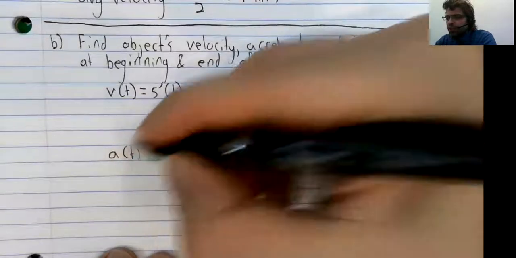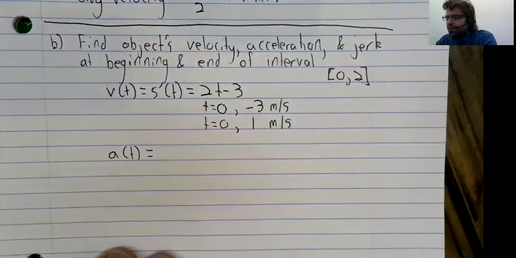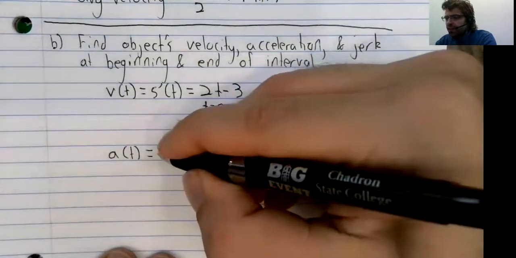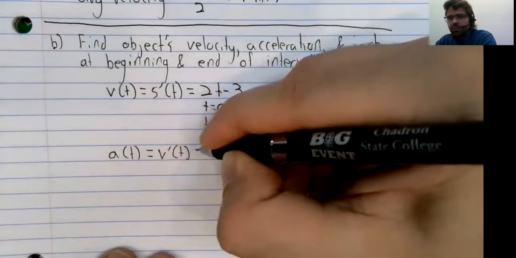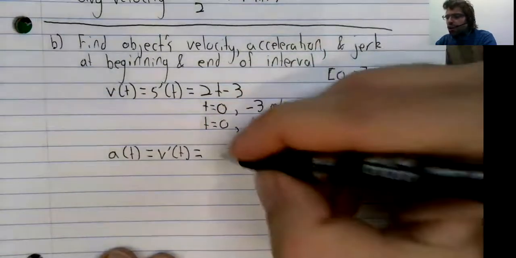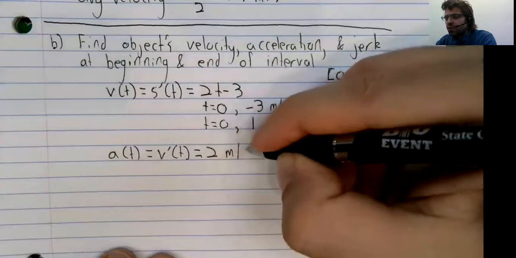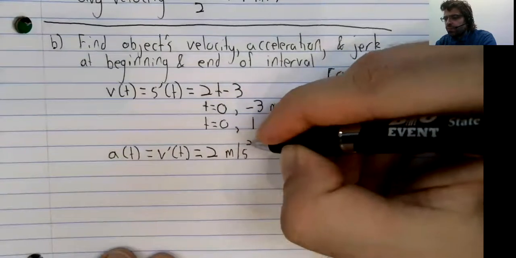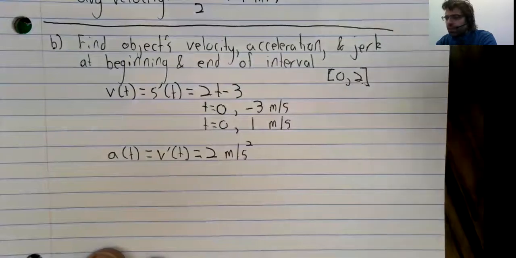The acceleration is the derivative of the velocity. Acceleration was then constant, 2 meters per second squared.